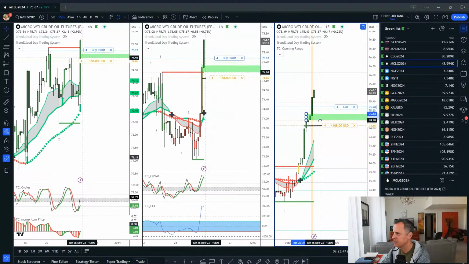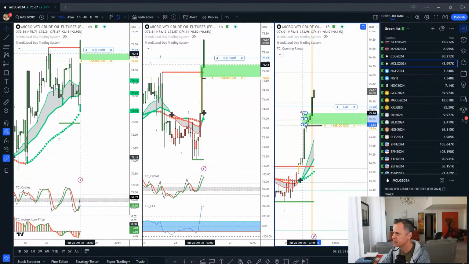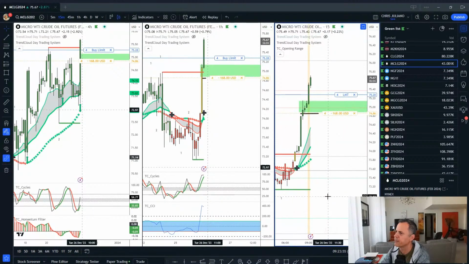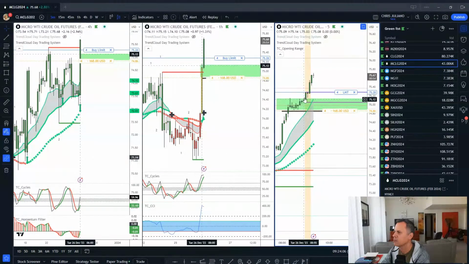So on the 15-minute chart, it is this, right? So which one do we take? That's the big question. Do we take the 5-minute rally base rally, or do we take the 15-minute?